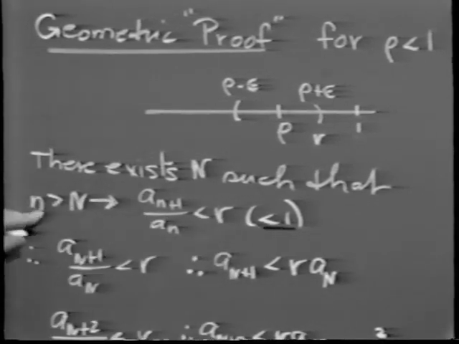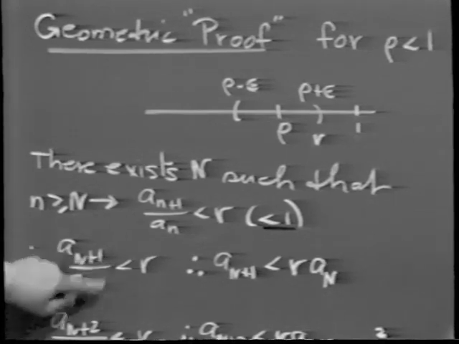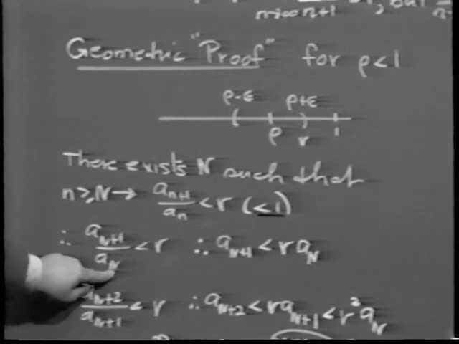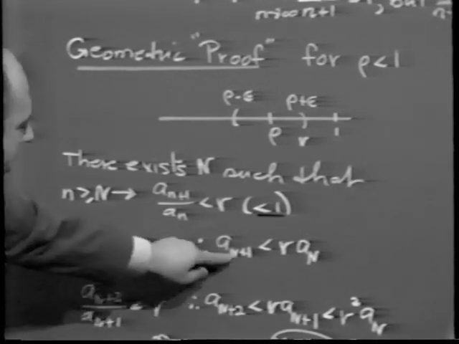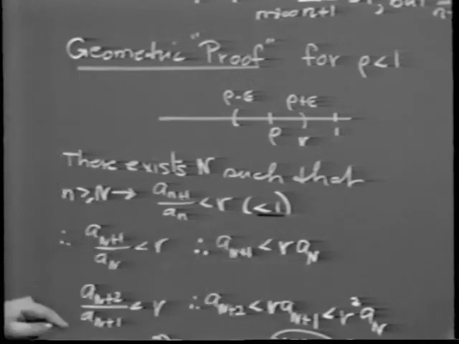Now let me apply this to successive values of n. Taking n to be capital N, a sub capital N plus 1 over a sub capital N is less than r. In other words, a sub capital N plus 1 is less than r times a sub capital N.